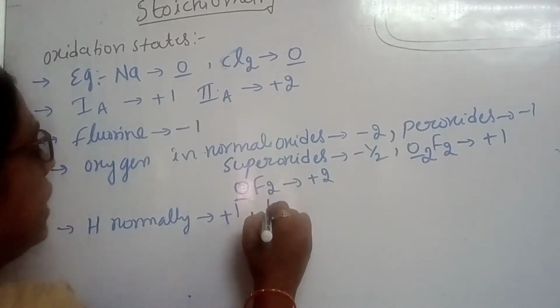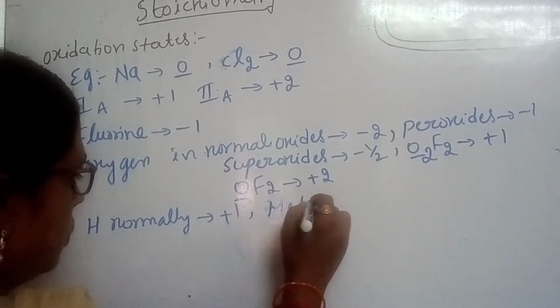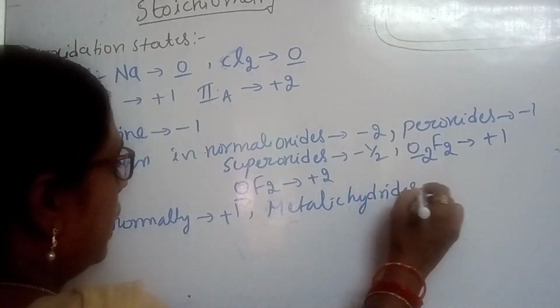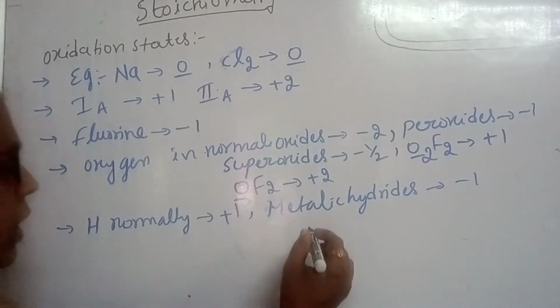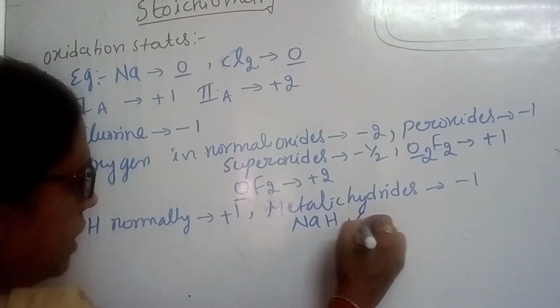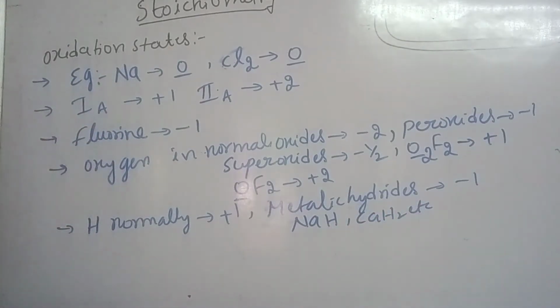But in hydrides, especially metallic hydrides, the oxidation state of hydrogen is -1. Metallic hydrides are, for example, NaH and CaH2, since first A group and second A group elements are all metals.